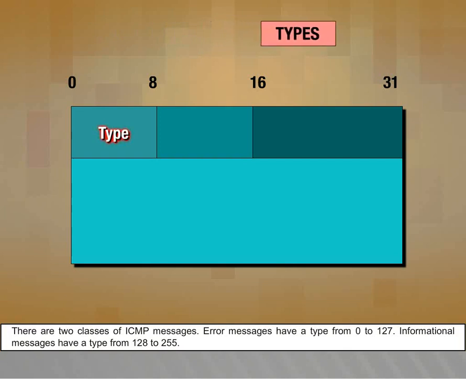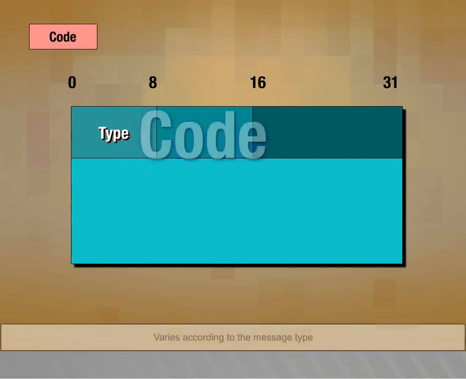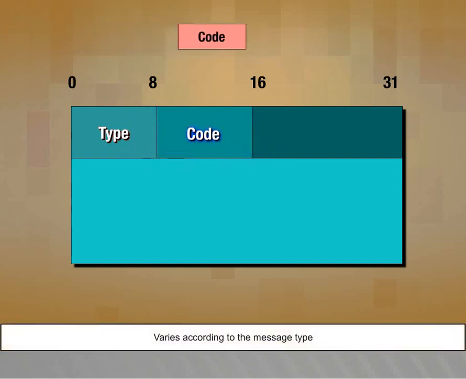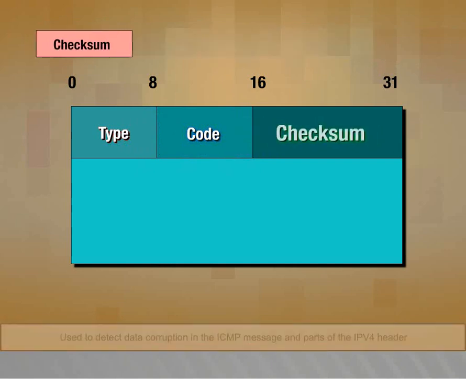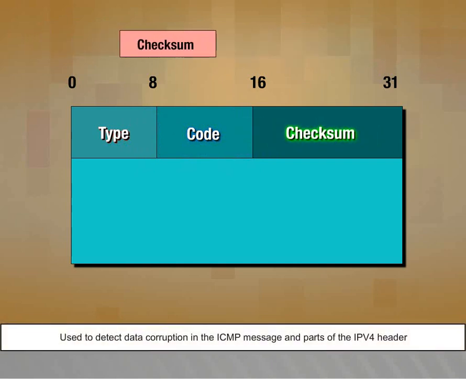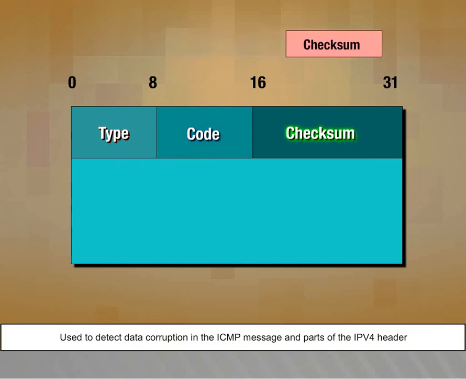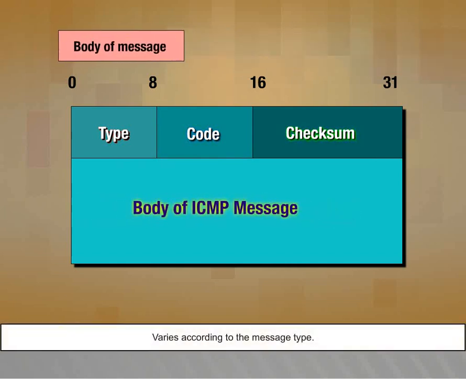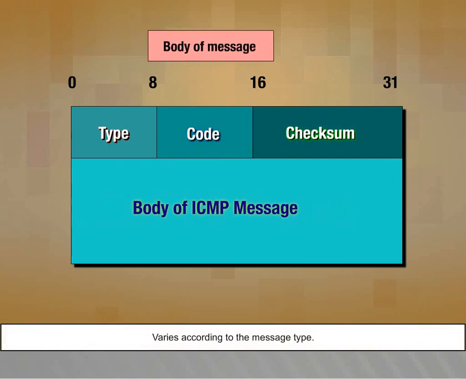Informational messages have a type from 128 to 255. Code varies according to the message type. Checksum used to detect data corruption in the ICMP message and parts of the IPv4 header. Body of message varies according to the message type.